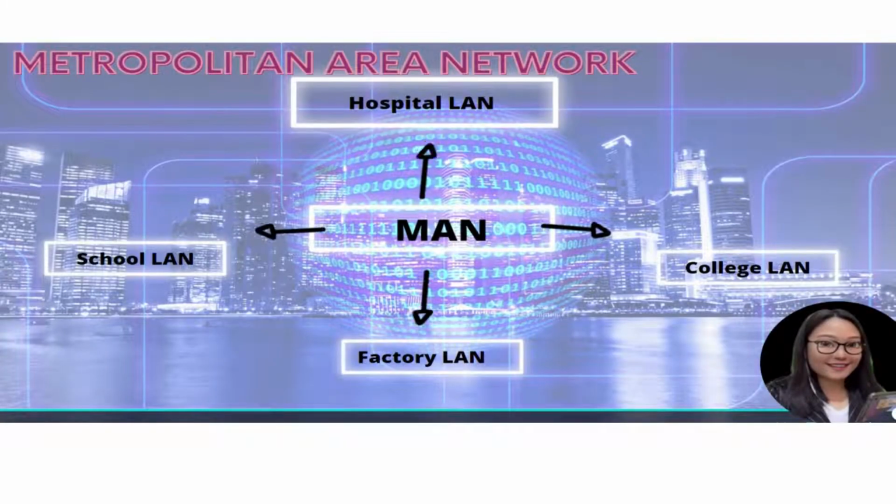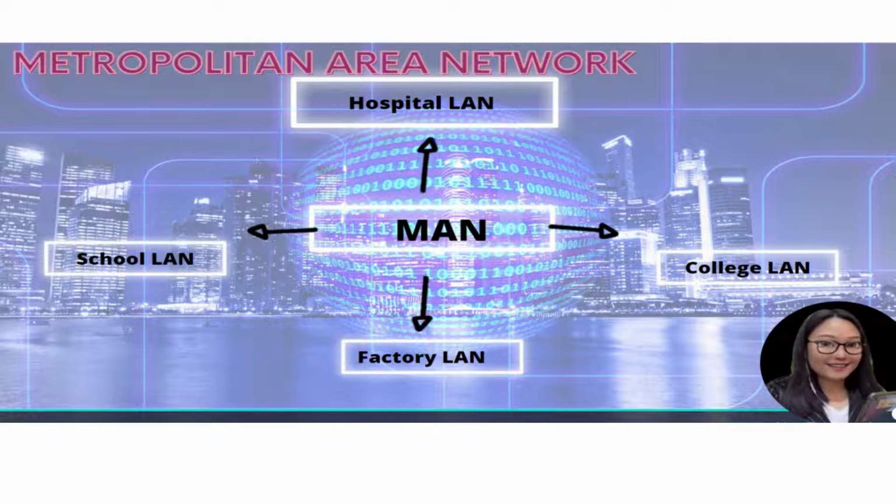The third one is what we call the metropolitan area network. It is larger than a LAN, and it extends across a city or town over several buildings. So as you can see on the diagram, we have the MAN transferring the network to a hospital LAN, a college LAN, a factory LAN, and a school LAN.